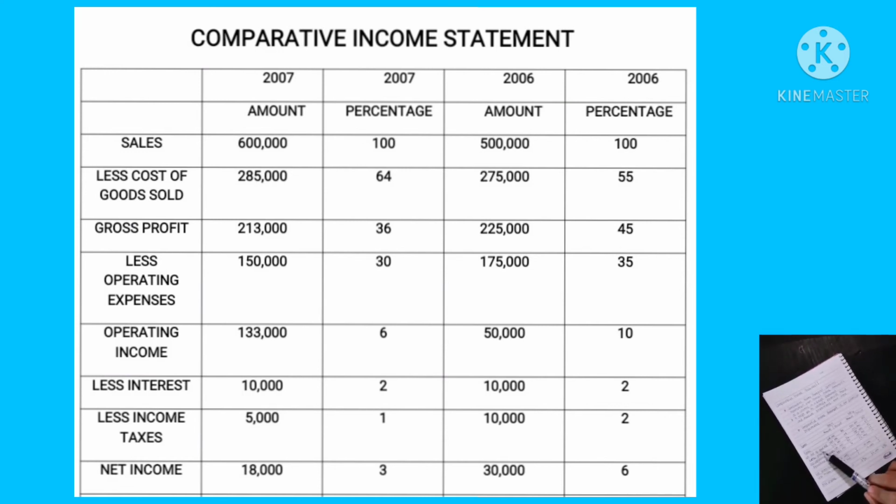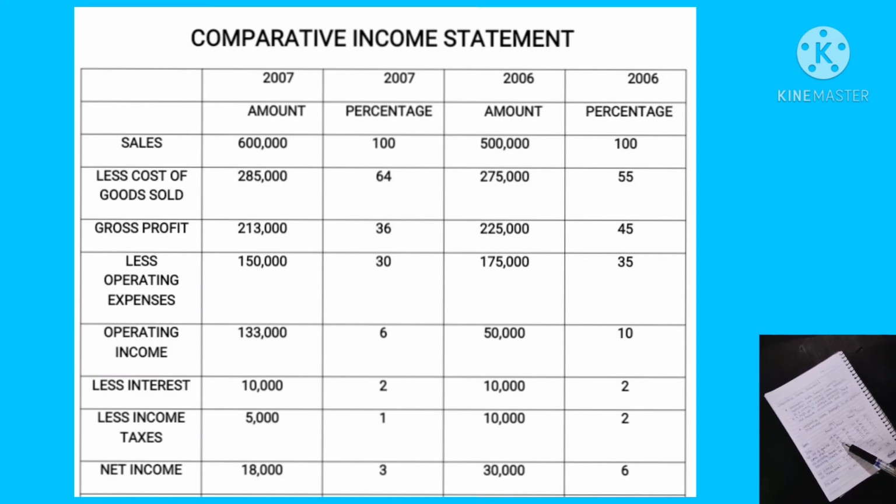And then, the less cost of goods sold in 2006 is 55% and the amount is 275,000. In 2007, it is 64% and 385,000. So, the cost of goods sold increased.